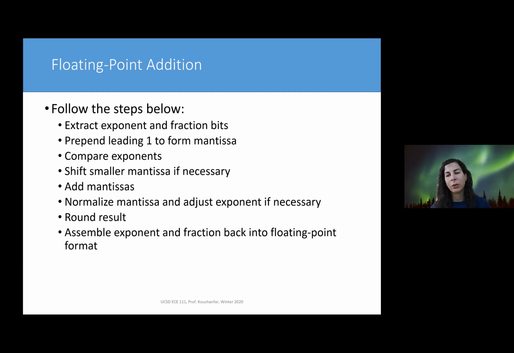Now, if we want to compute the addition, we have to shift the smaller mantissa to become at the same power, and then we can add the mantissas and normalize and adjust the exponent if necessary, if you want to go to that standardized representation, and round the results.